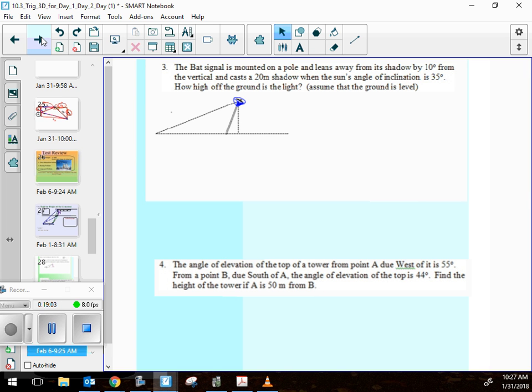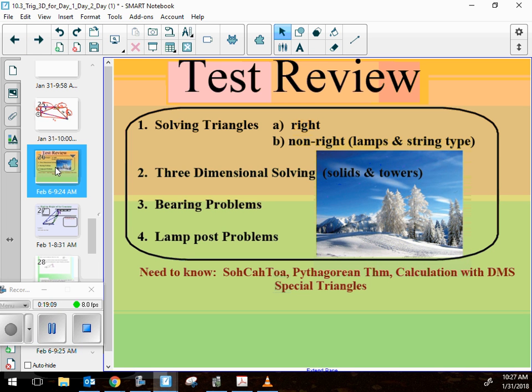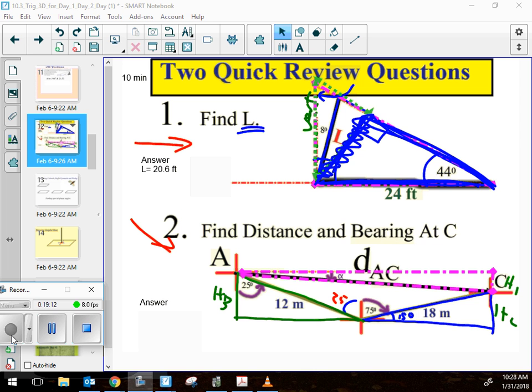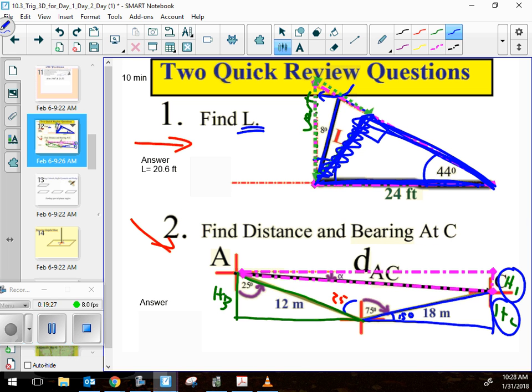Okay, now I'm going to go back for those that want an explanation of how to do one last one of these review problems. Just doing a last wrap up here to help you see how you could have done this without the law of cosines. We have H1 and H2 adding up to H3.